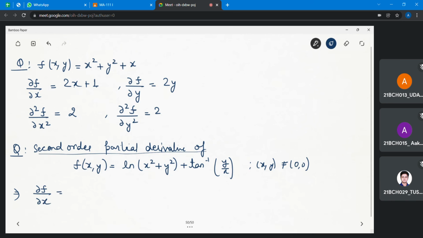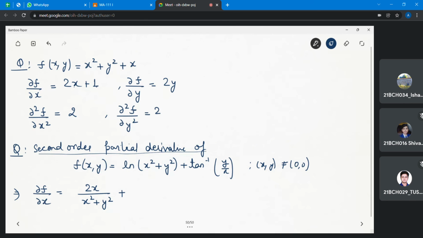So partial derivative of f with respect to x. Okay. So ln of x square plus y square. So this will be 1 upon x square plus y square, and then you are taking the derivative with respect to x. So that will be what? Multiply 2x, 2x upon x square plus y square. Okay. So this is tan inverse y by x.